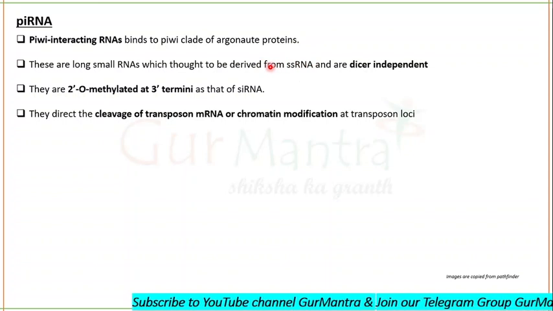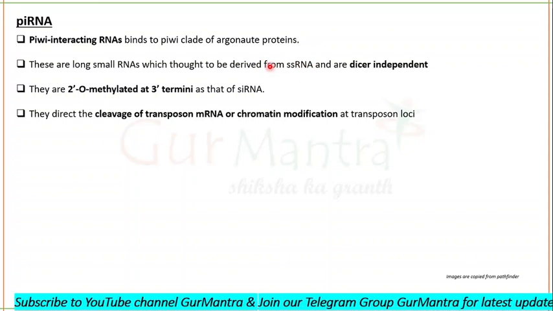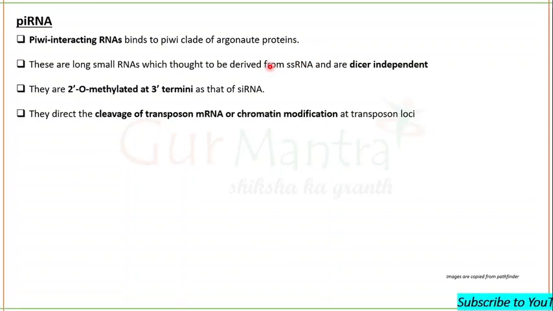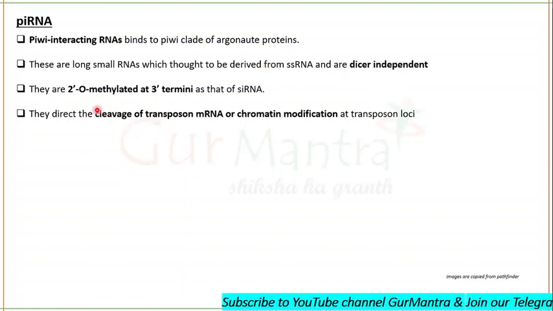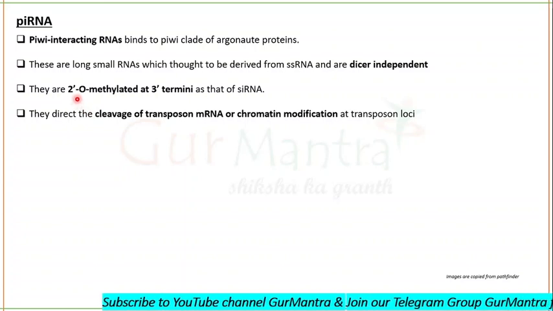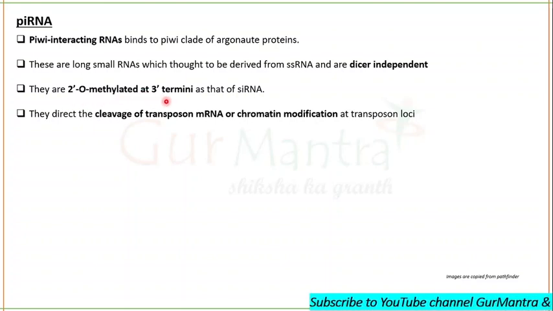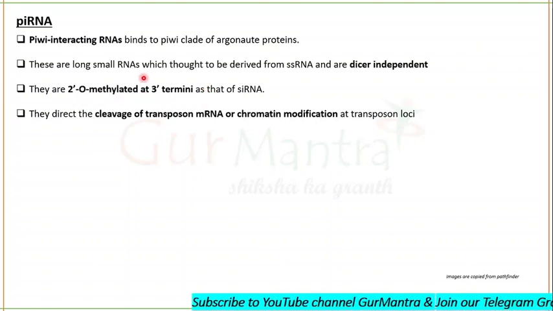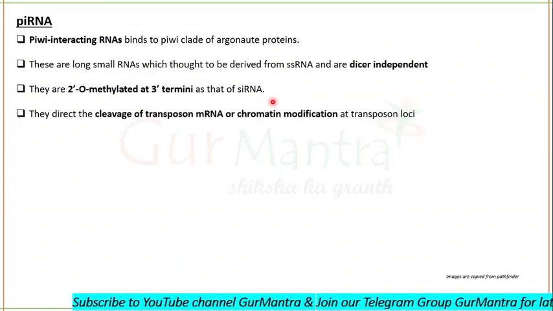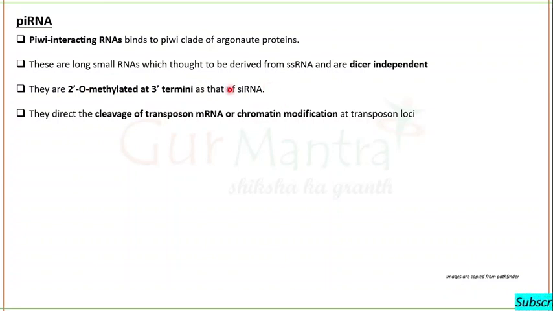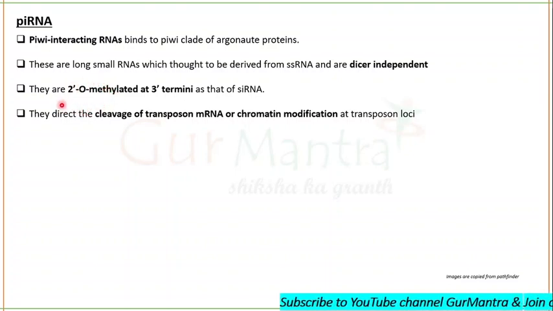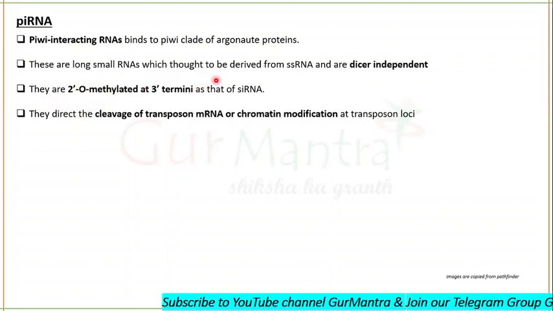Now, unlike siRNAs and miRNAs, these piRNAs are Dicer independent, but they will have a 2' O-methylated group. Okay, they will have 2' O-methylation at the 3' terminal. The same happens in siRNAs but not in miRNAs. At the 2' carbon, there will be methylation of the O at the 3' terminal. Fine.